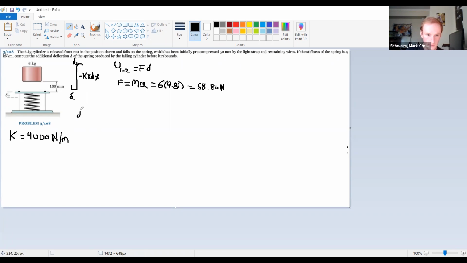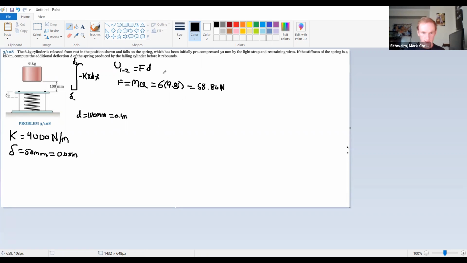I'm just going to write down a variable real quick. Which is also equal to 0.1 meters. Then we have this little deflection here. I'm just going to write this down so we keep it there. 50 mm, which is also equal to 0.05 meters.